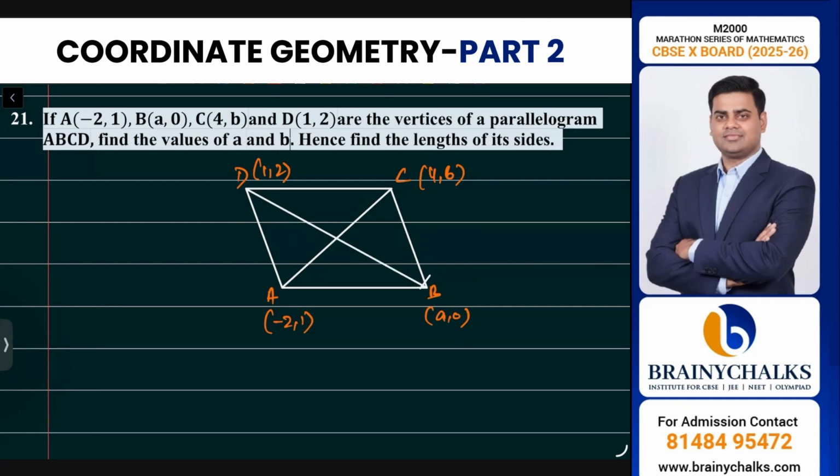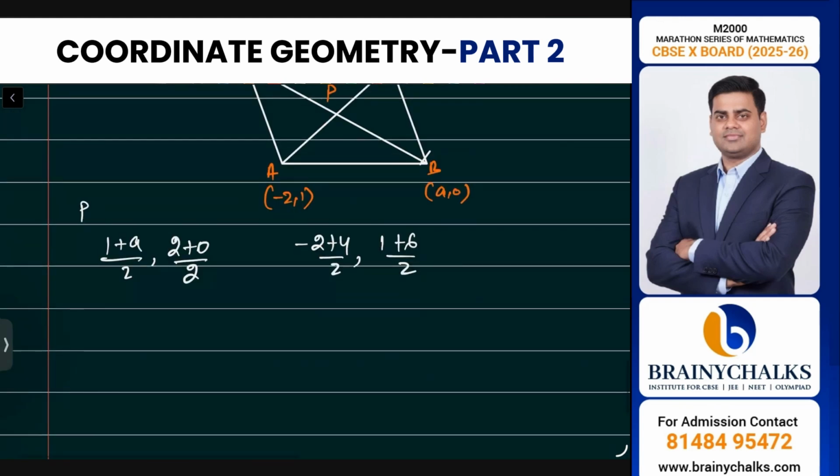When I join the diagonal, what coordinates do we get? What will be the coordinates of point P? 1 plus a by 2, comma 2 plus 0 by 2. Same, P is also the midpoint of diagonal AC. That is minus 2 plus 4 by 2, comma 1 plus b by 2. Now just equate.